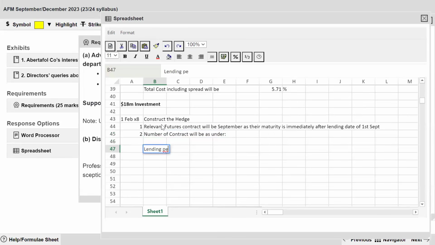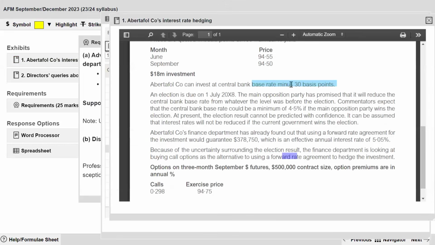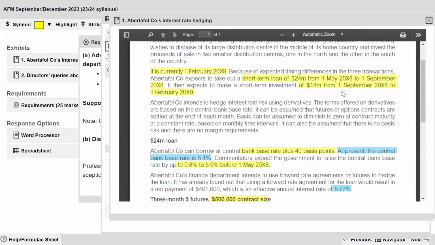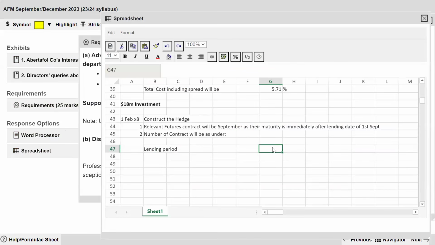Lending period. How much is the lending period? See here. From 1st September X8 to 1st Feb X9: September, October, November, December, 4 months, January, 5 months. It's like 5 months.